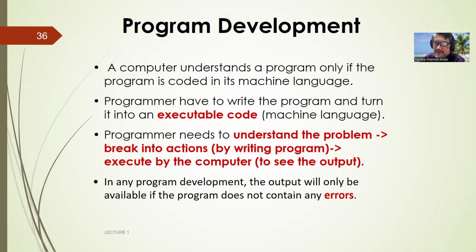In any program development, the output will only be available if the program does not contain errors. Okay, so that's another problem. Sometimes we give the wrong instruction, or the instruction is not according to the rules. So that will give you errors.